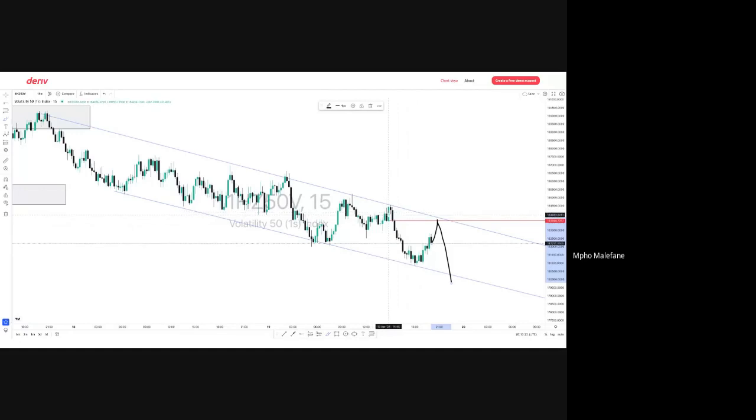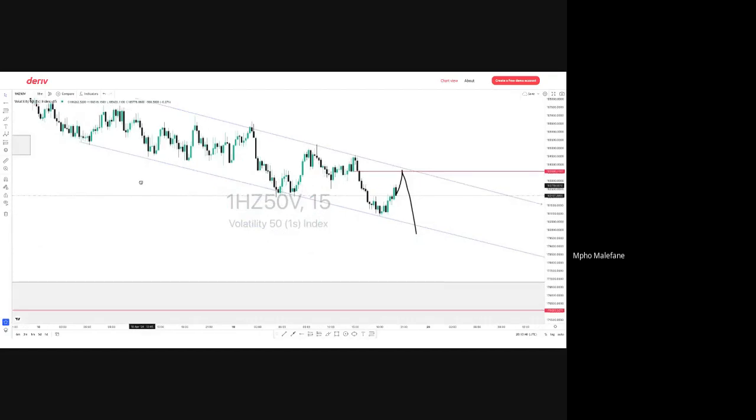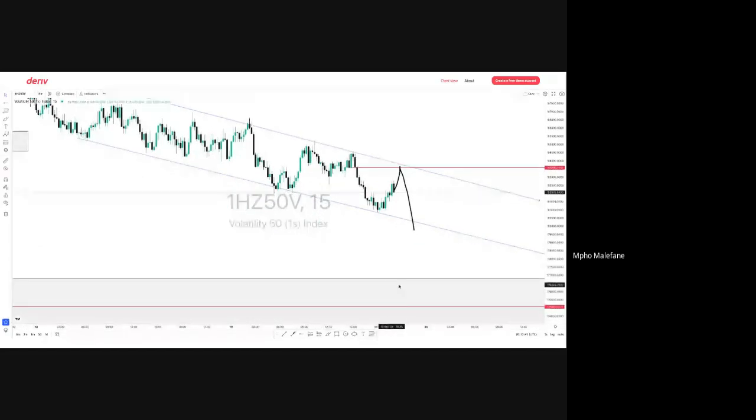You understand what I'm trying to say? The price of the market hits this other block and starts selling. I might probably just take our TP around this other block here.